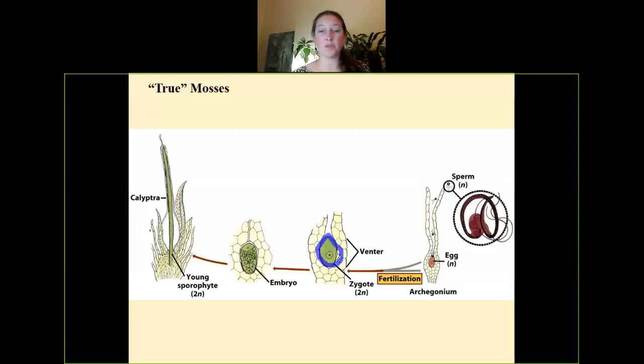That 2N zygote is going to grow via mitosis into the embryo. Remember, it's still inside of the archegonium, because egg stays. So that's where the young sporophyte plant is going to grow out of, and eventually it's going to emerge from the top of the female. Here's the female gametophyte plant. Cool.